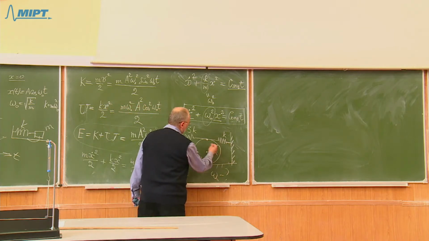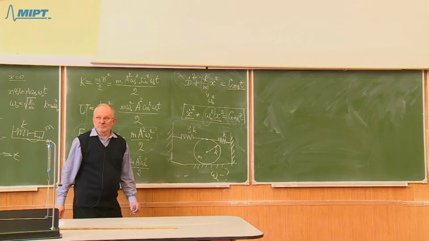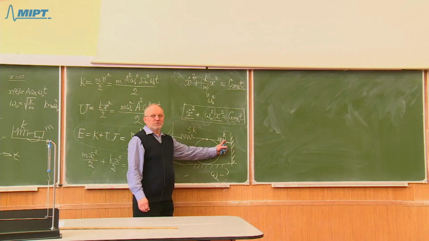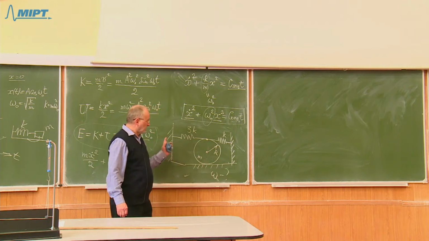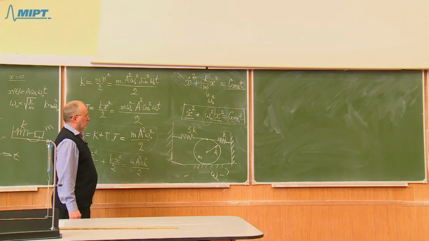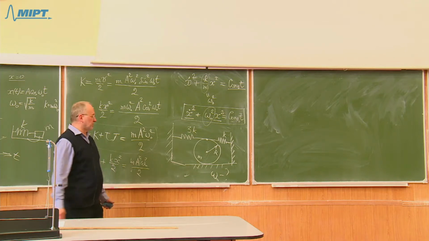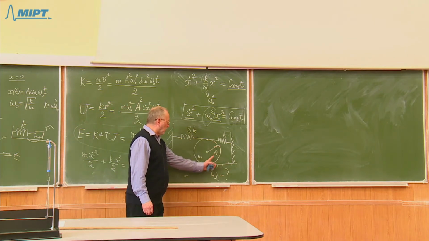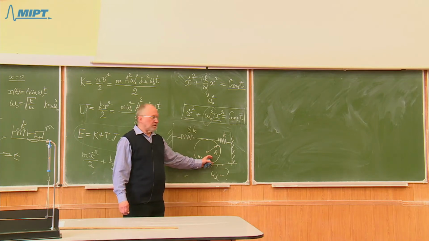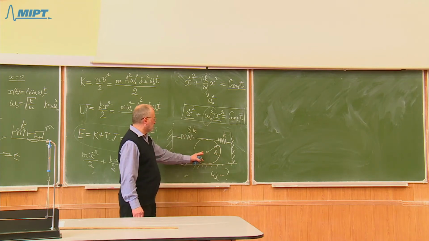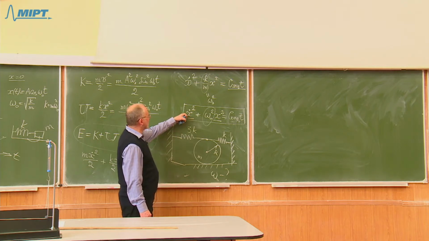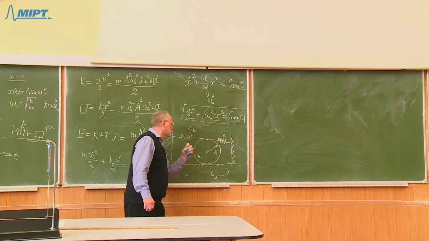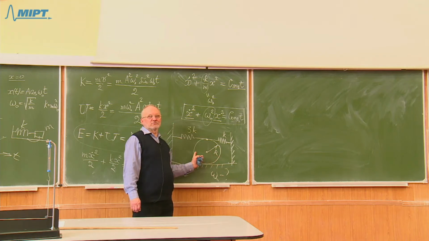It may be the angle of rotation. It may be the deformation of one spring or the other spring, or it may be the displacement of this point or this point. Well, you can use anything, but if you use some coordinate, which is called a generalized coordinate, for example the angle of rotation, then you will have to express both the kinetic energy and the potential energy through the same angle of rotation.